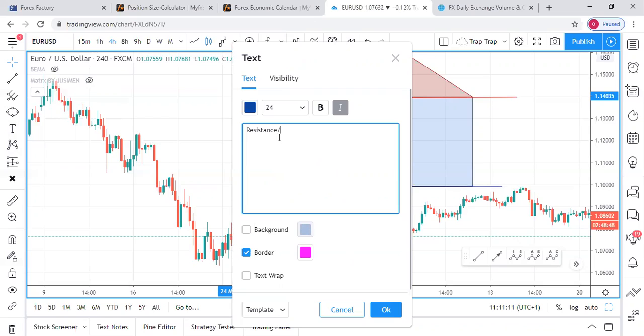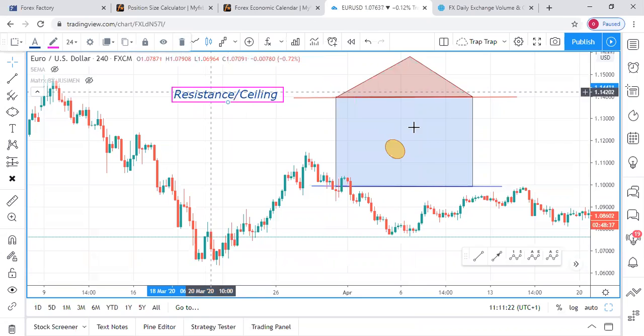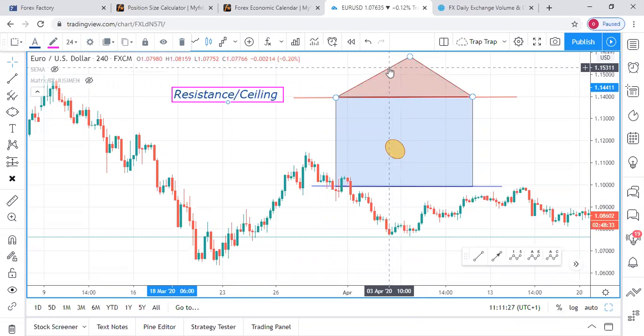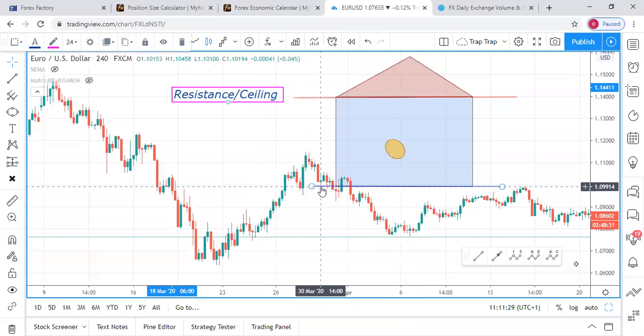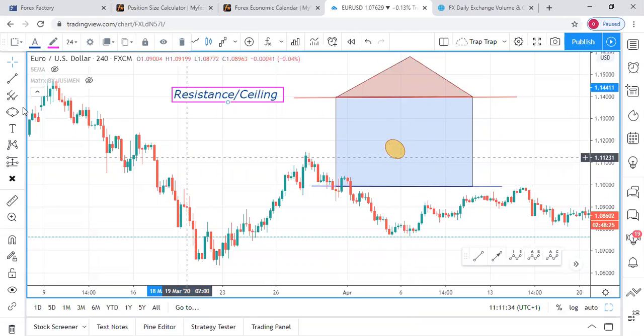We can also call it a ceiling if we want, right? That's like the resistance. It's resisting this ball from moving to the next level, right? Whereas this, when the ball comes to it, the ball bounces back towards its intended direction.